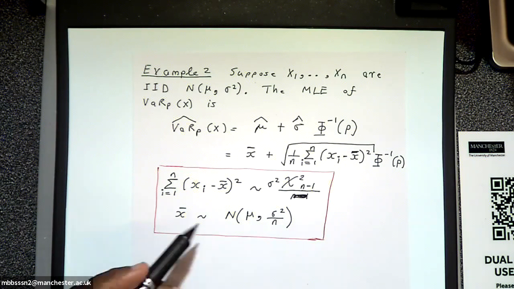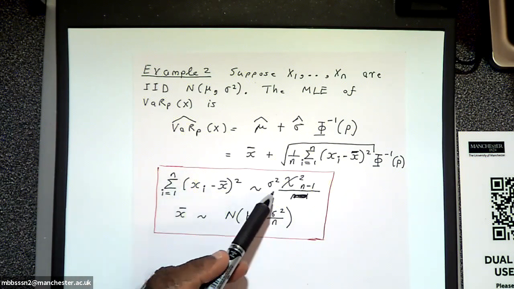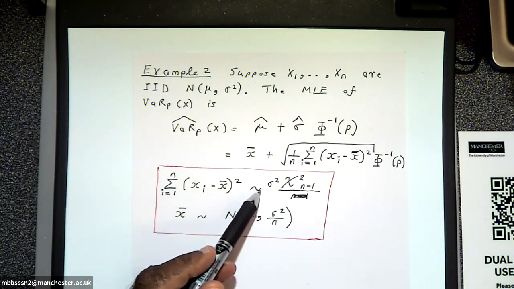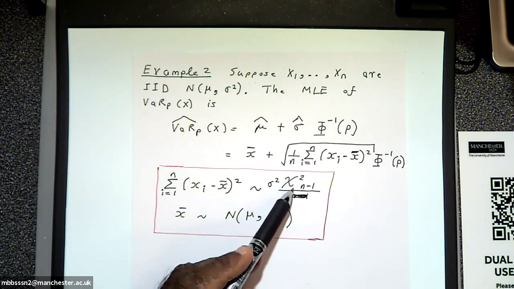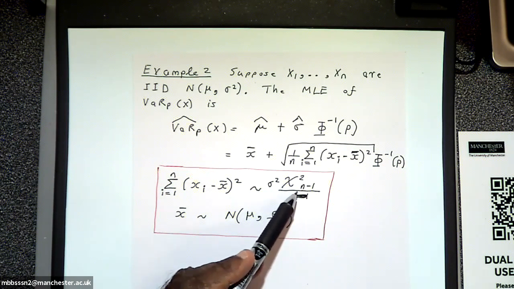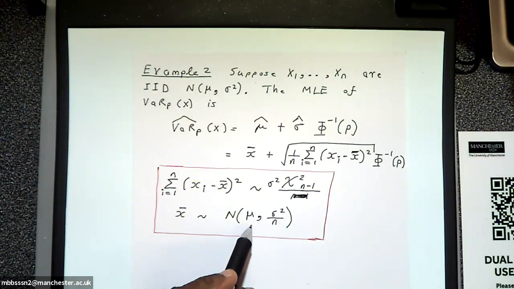These are two well-known results: this guy here is distributed as sigma squared times a chi-squared variable, this is the notation for a chi-squared variable with n minus 1 degrees of freedom, and x bar is distributed as normal with these parameters, right?